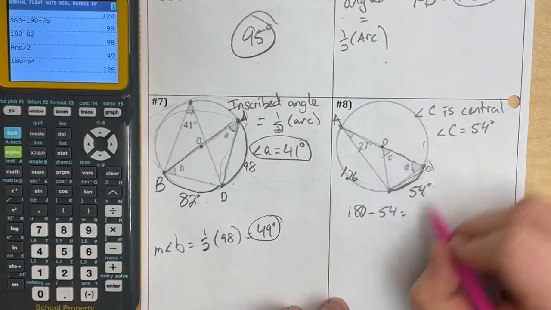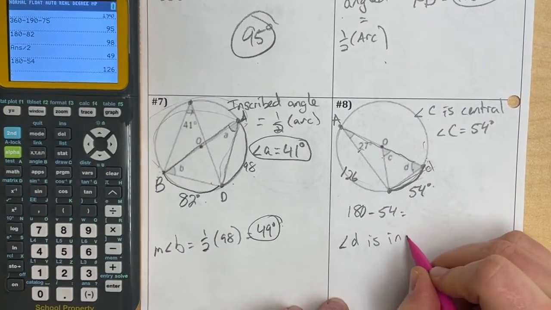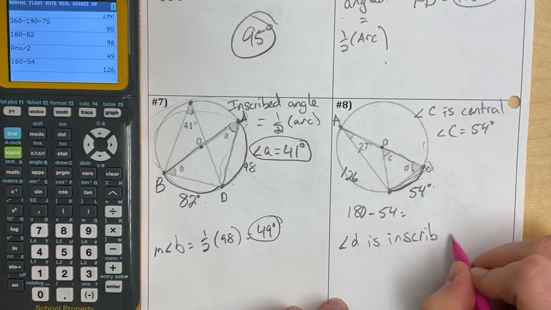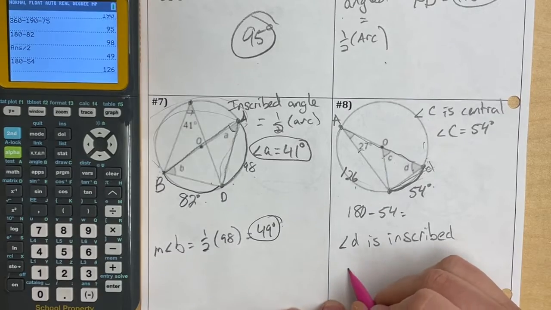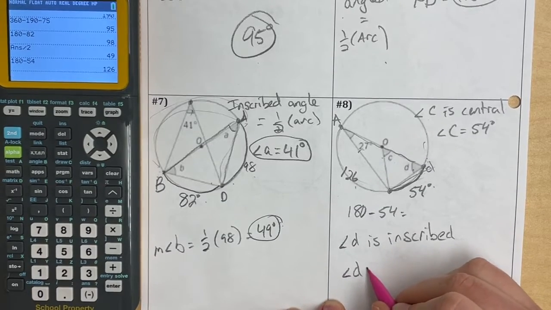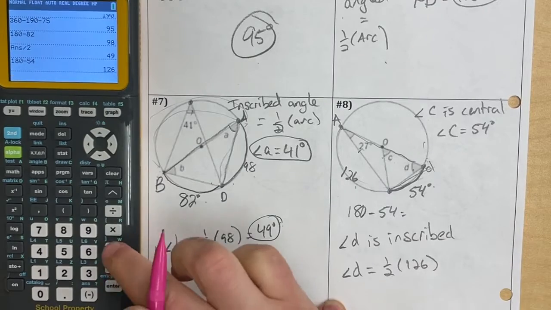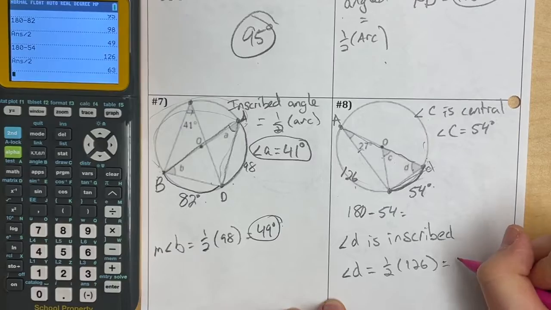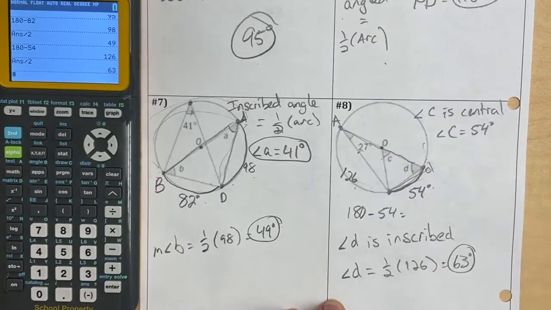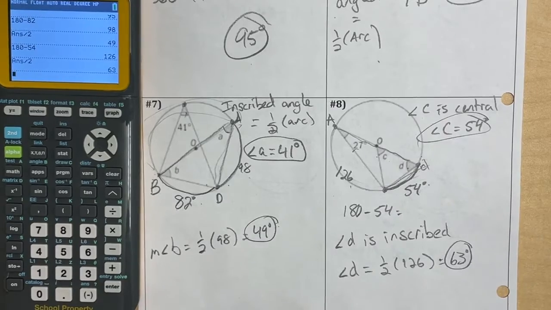So angle D is inscribed. That means it's half of that arc, which is 126. So I take angle D is equal to half of 126. So divided by 2, and we'll say that that angle D is 63 degrees. So angle C, 54 degrees, angle D, 63 degrees.